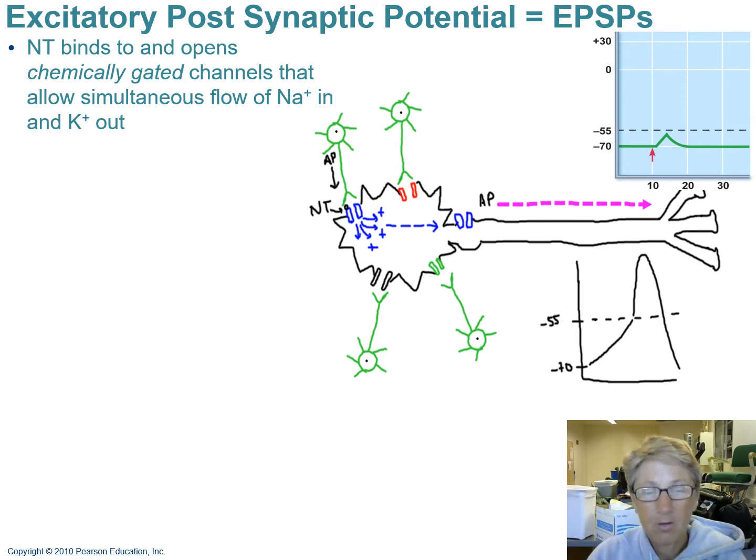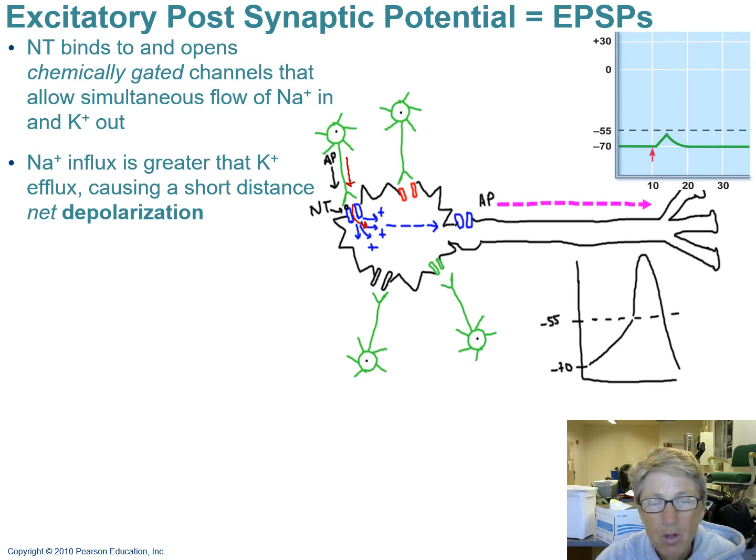We talked about this, but let's go through it step by step. The neurotransmitter from the presynaptic neuron binds to the chemically or ligand-gated channels. Sodium flows in and some potassium flows out.